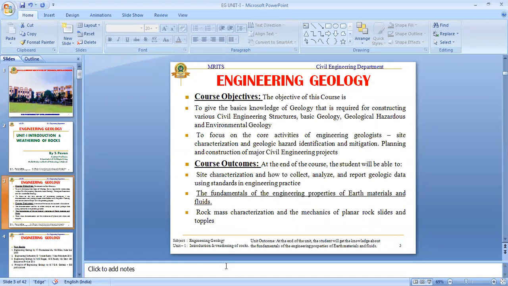Whatever the earth materials are there, we need to analyze and study their engineering properties. Further, we have to do the rock mass characterization, and mechanics of planar rock slides and topples. So this is about the course outcomes.